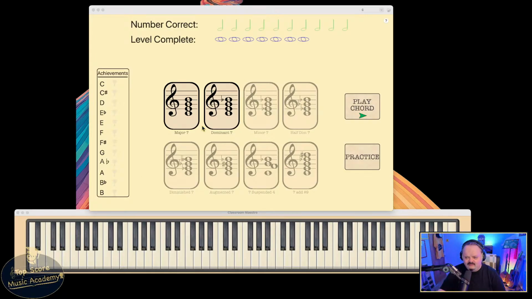Okay, so we heard a, I think, dominant seventh. The reason we call that sound the dominant seventh sound is because usually, not always, especially in blues music, that chord acts as the dominant of the key that you're in.